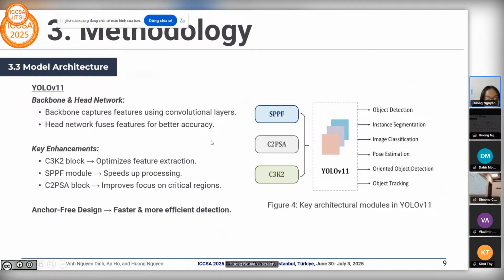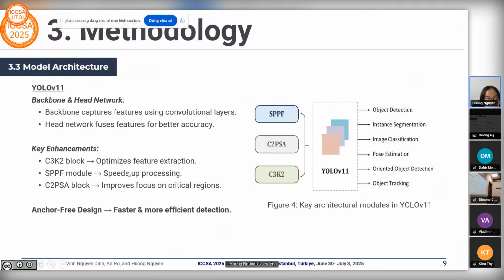YOLO version 11 has two main parts: the backbone, which extracts important features from the image using convolution layers, and the head, which processes the features to make accurate detections. And compared to previous versions, version 11 includes several upgrades like the C3K2 block, which improves how efficiently features are extracted, and the SPPF module, which speeds up processing time.